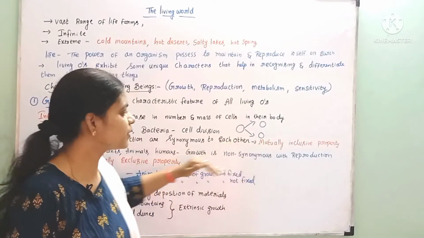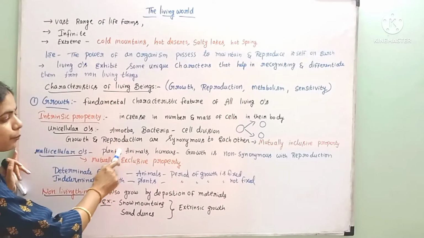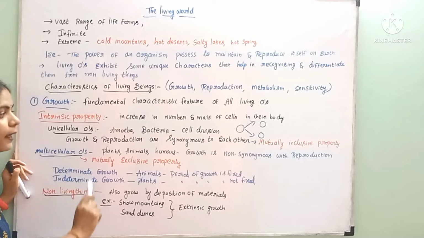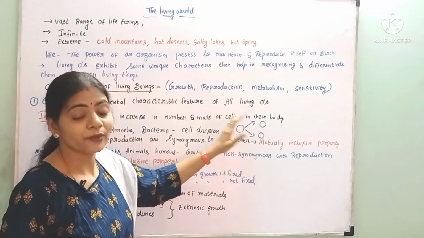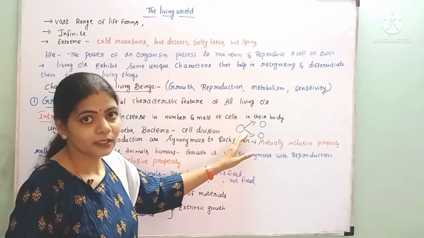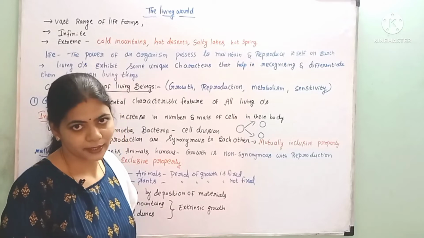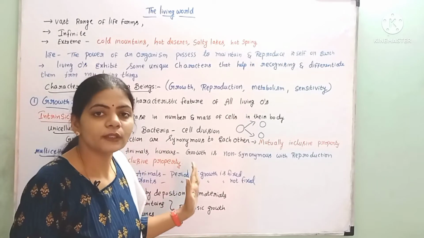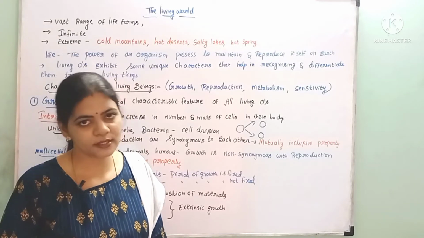So what is a mutually inclusive property? Both growth and reproduction are synonymous with each other: when the cell starts reproduction, the number of cells increases and the growth of the cells also increases. That is, both growth and reproduction are mutually inclusive properties in unicellular organisms.